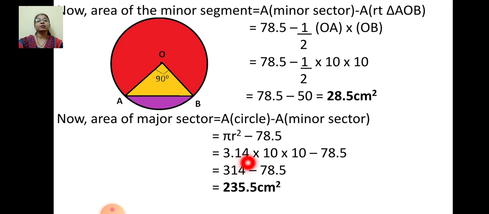Now pi is 3.14 into r is 10 into 10, minus 78.5. So 314 minus 78.5, that is 235.5 centimeter square. So in this way we have calculated minor segment and major sector's area.